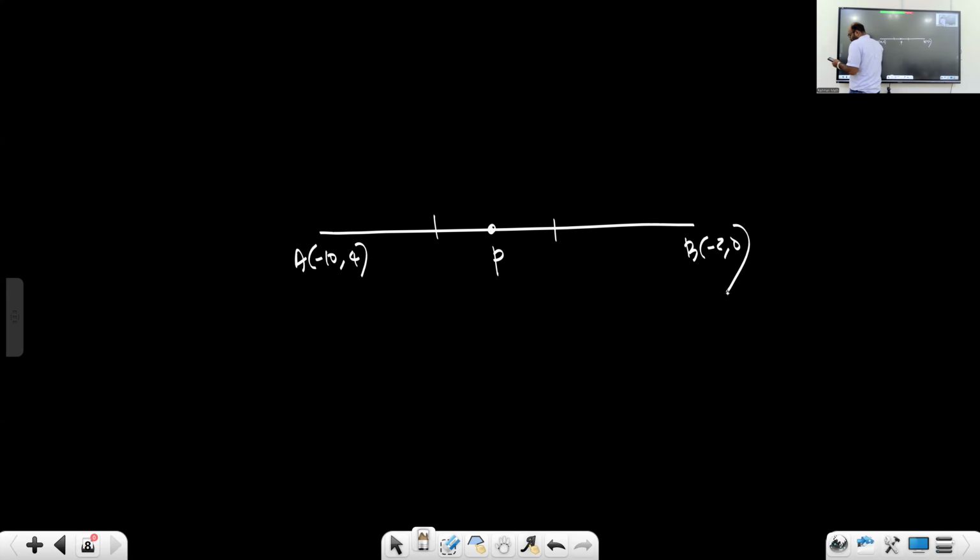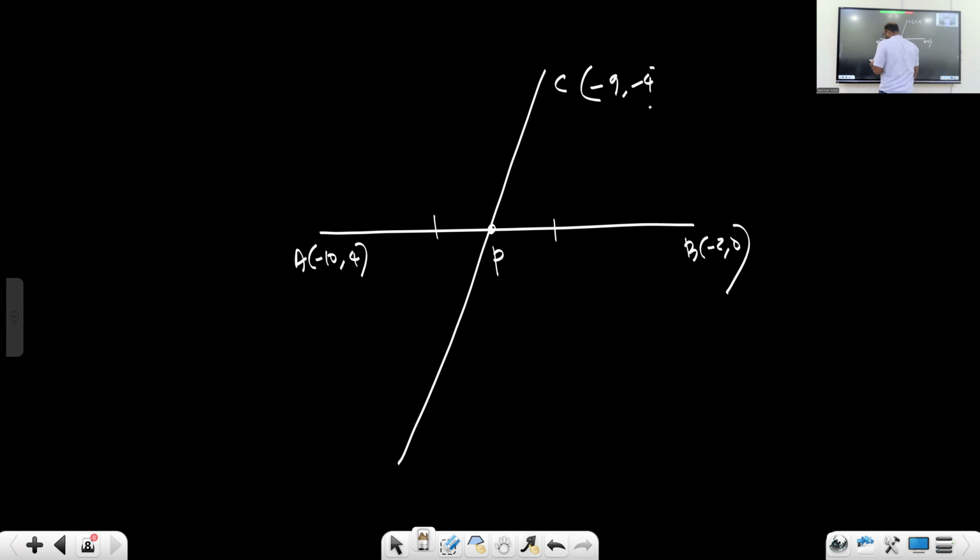The midpoint P of the line segment joining AB lies on the line segment CD. C is minus 10, minus 4, D is minus 4, Y. Don't get confused, it is only the midpoint of AB.